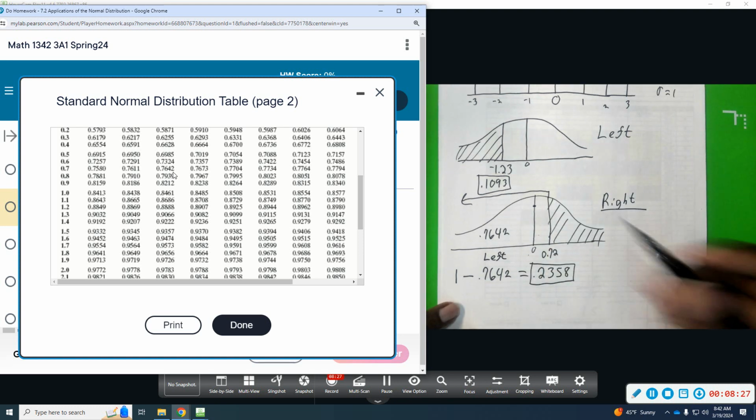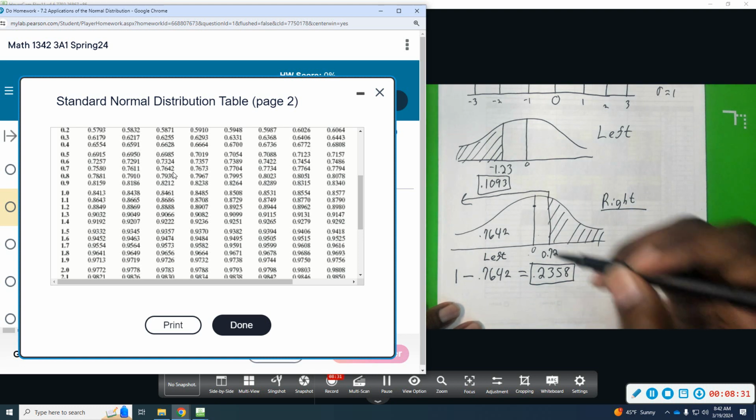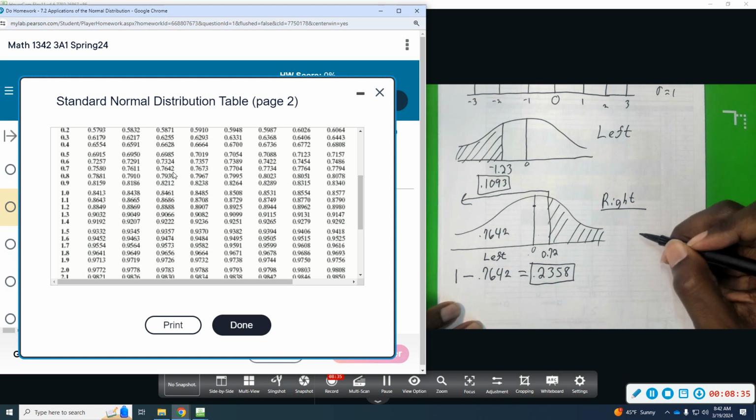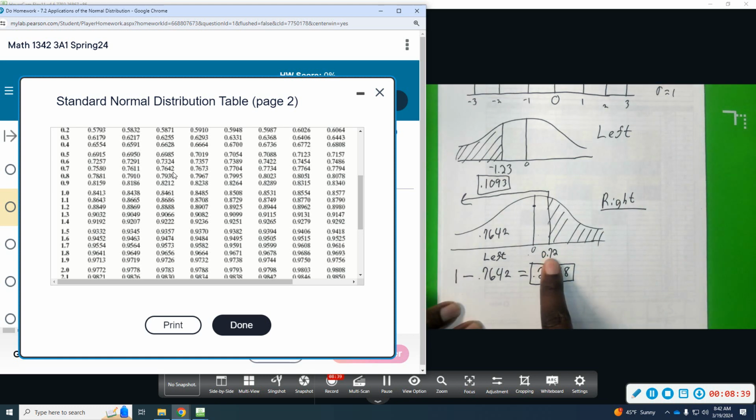Also, the bell curve has a symmetric property. So the area to the right is equal to the area to the left of the opposite of that number.